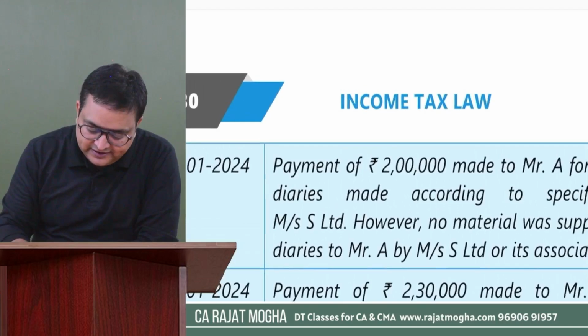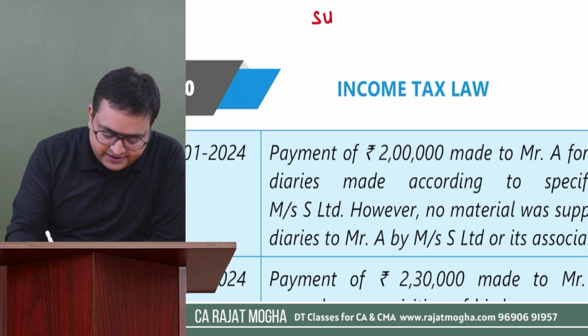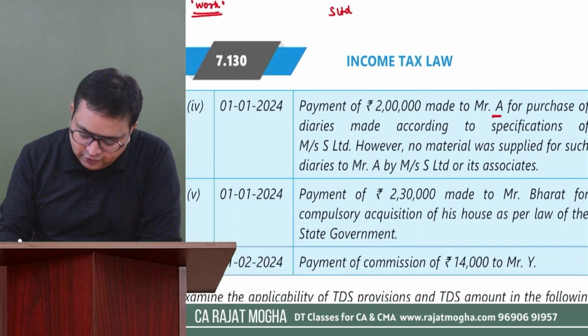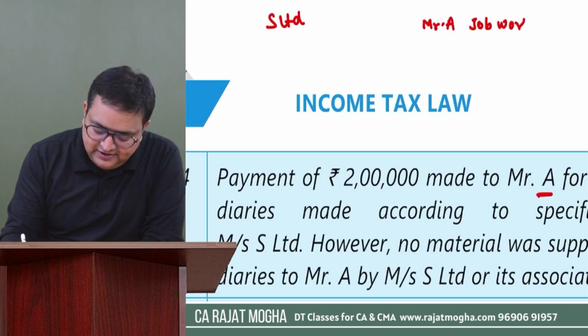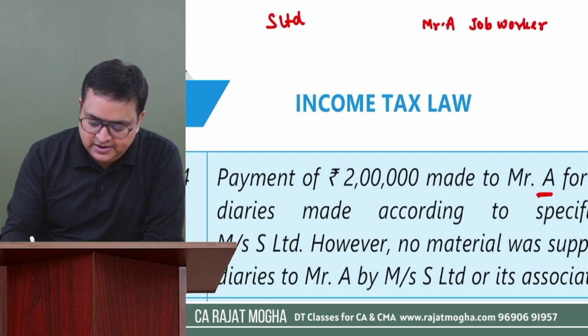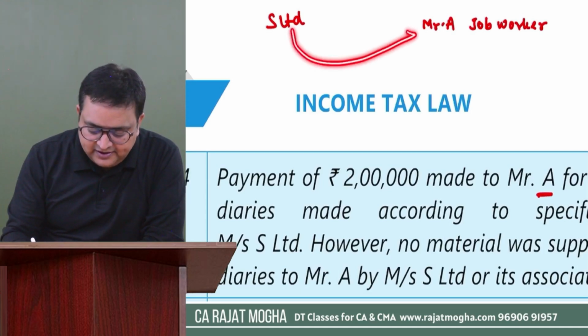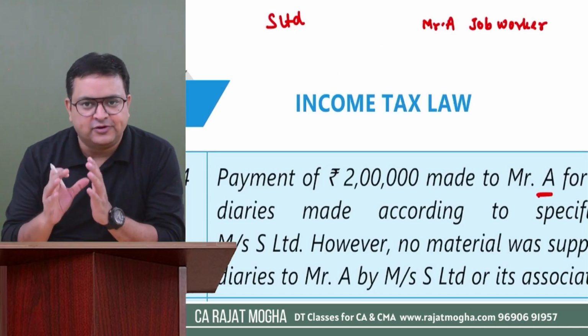So here, the company in our question is S Limited, right? S Limited is making a payment, and to whom? To Mr. A. Let's say Mr. A is a job worker. S Limited is giving them a contract that they need some diaries for their office purpose.